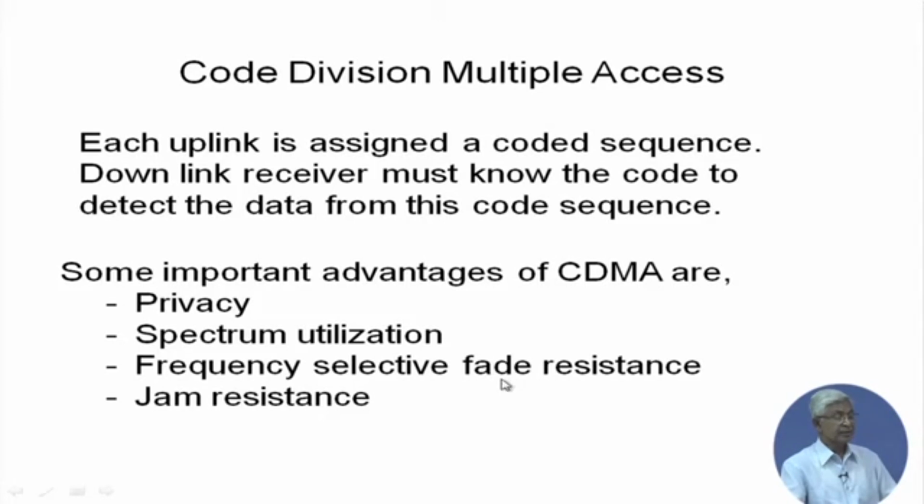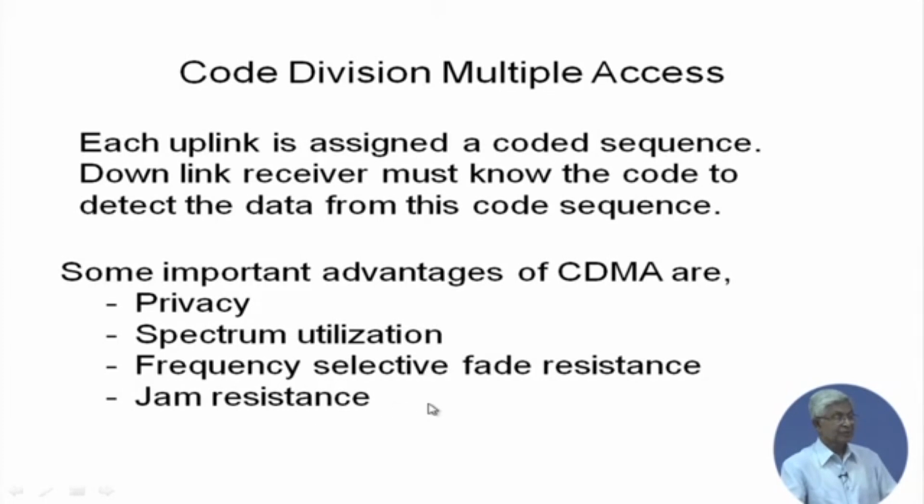In the case of mobile satellite communication, that is MSS, it may happen. The most interesting part of CDMA, which the defense people feel they should use, is that it is jam resistant.